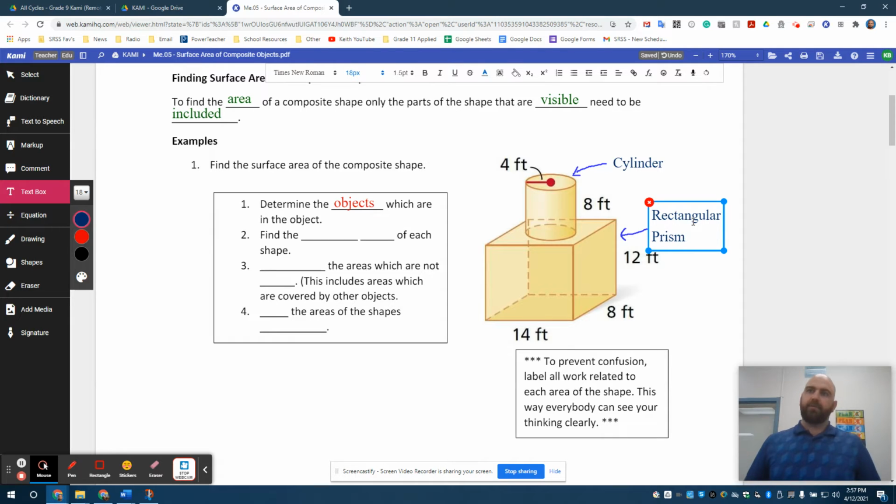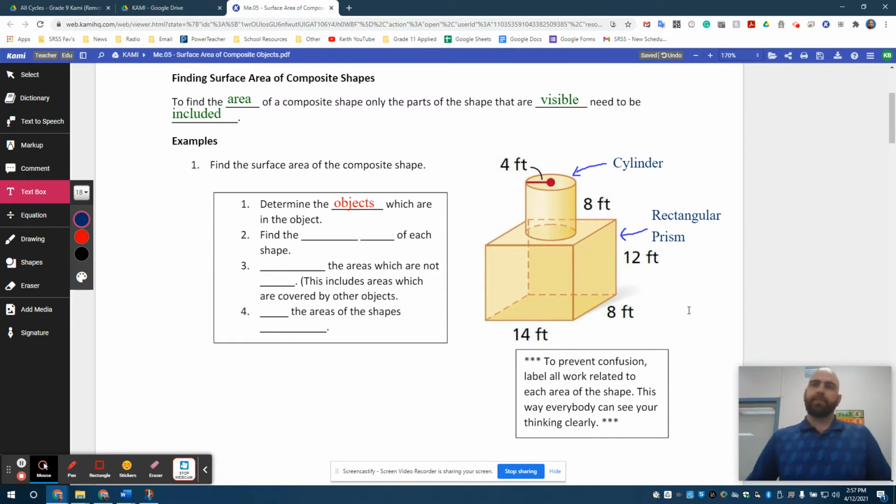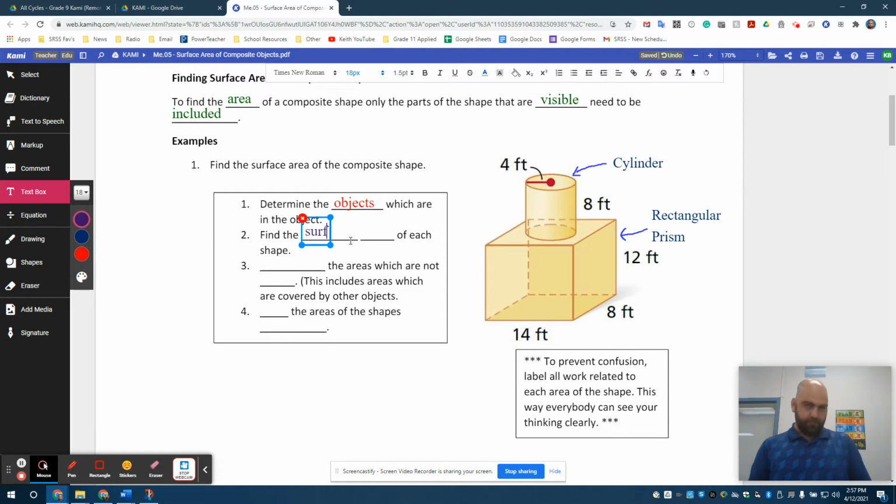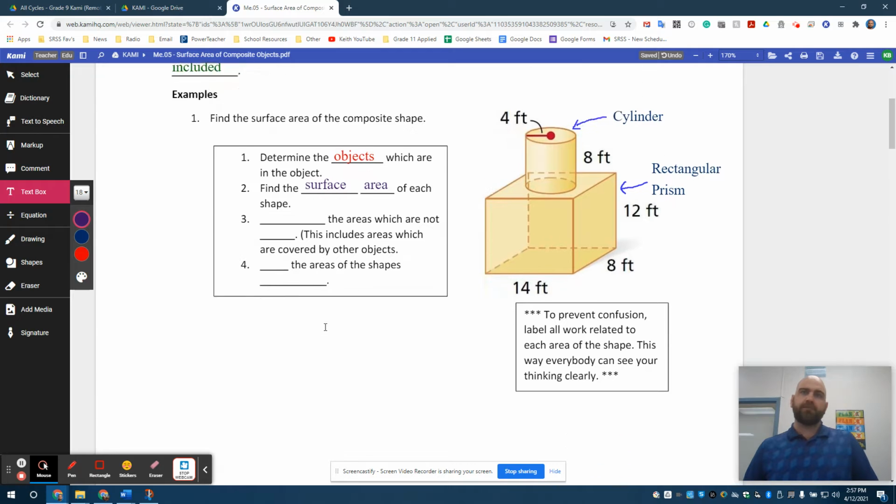Now what we're going to do is find the surface area of each of those 3D objects. So we're going to find the surface area of the cylinder and the surface area of the rectangular prism. Let's do that.